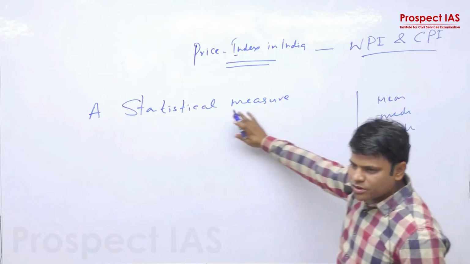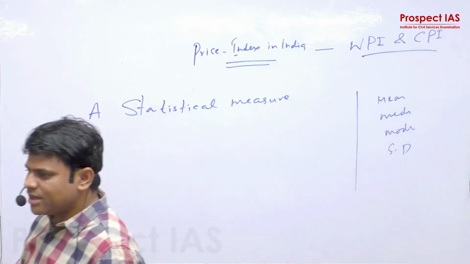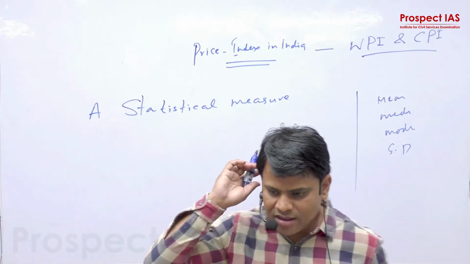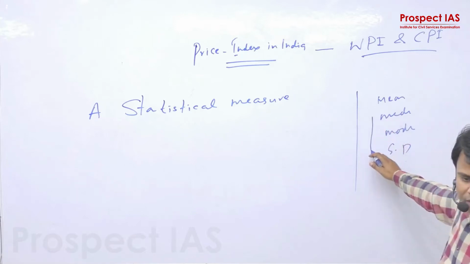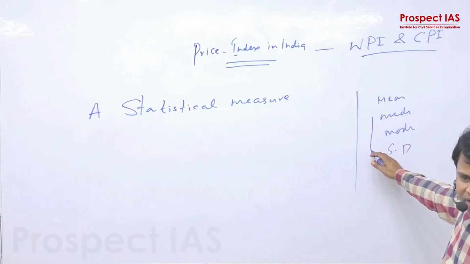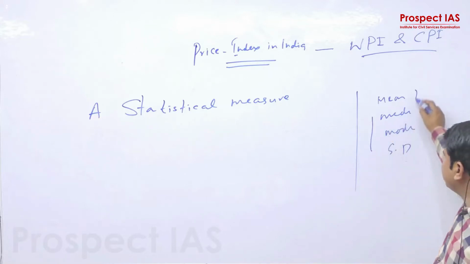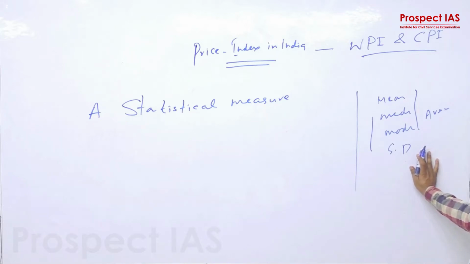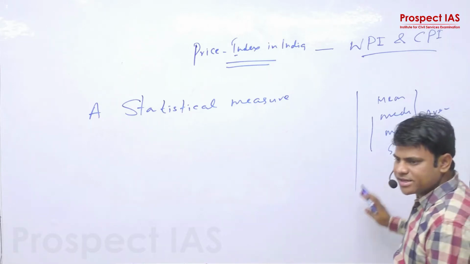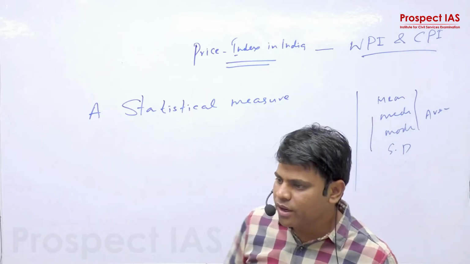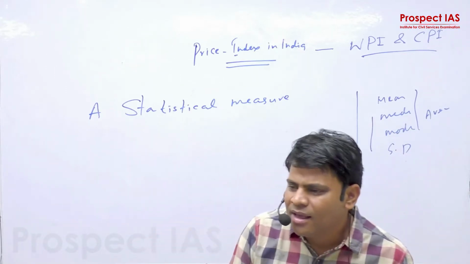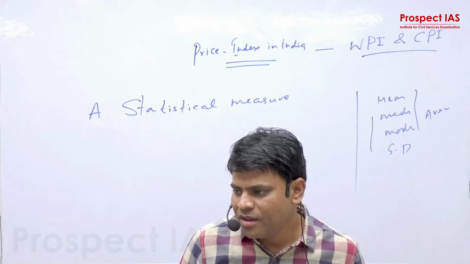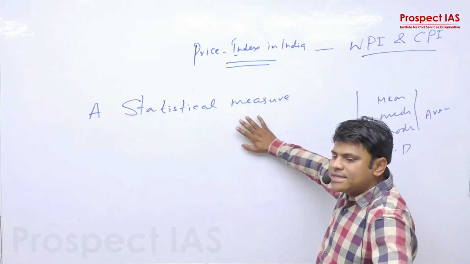In your statistics book, there are some statistical measures that we learn how to compute. These are averages, mean, median, mode. Or else percentile, quartile, standard deviation, correlation, regression, line of best fit, and so on. These are various statistical measures. Likewise, price index is also a statistical measure.